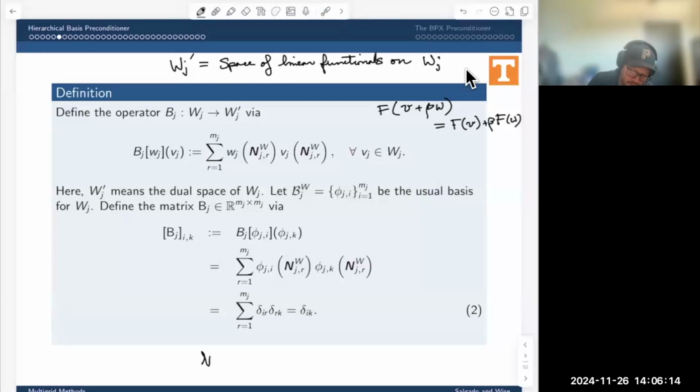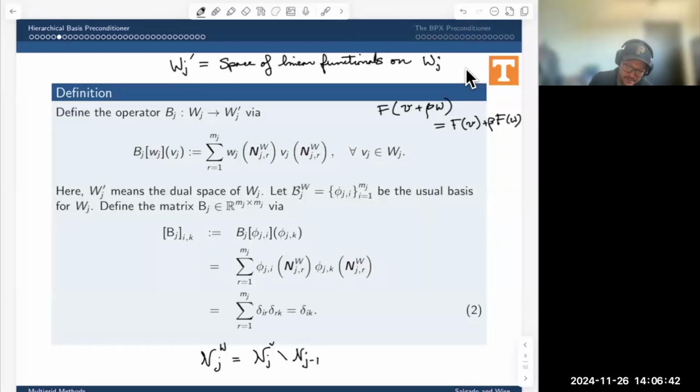Let's call it script L. The nodal set for w at level j is equal to the nodal set of v, actually I don't think we wrote v there, but that's what it is, minus the nodal set at j minus 1.